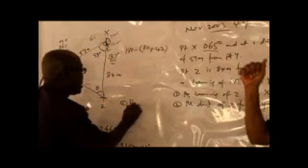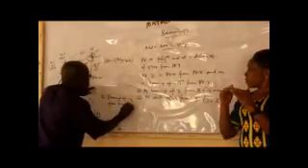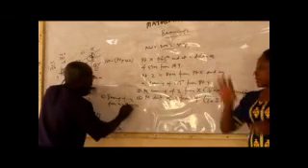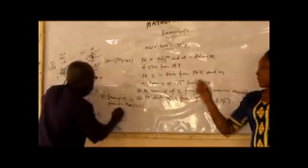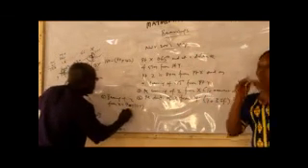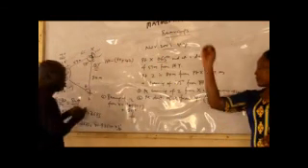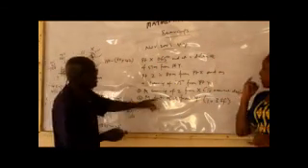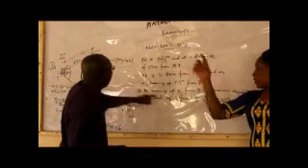Bearing of Z from X equals 90 plus 90 plus 7, 187 degrees. So the final thing is the distance of Z from Y.